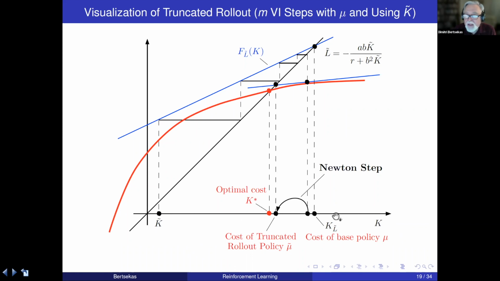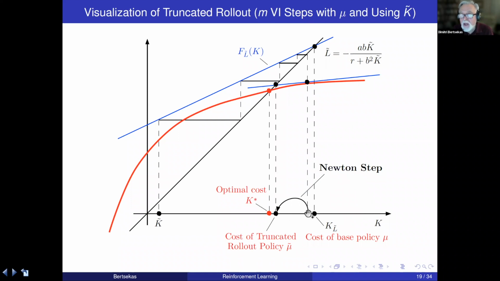Should I choose K tilde over here? Would it help me? And how many steps should I use? If I pick it in this region here, generally speaking, the answer is I should use as many steps as bring me closer.